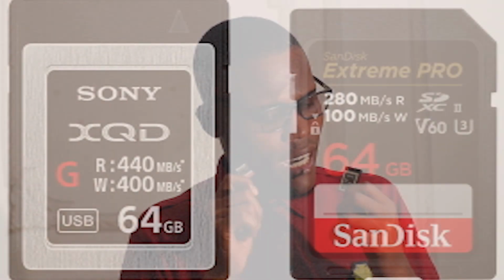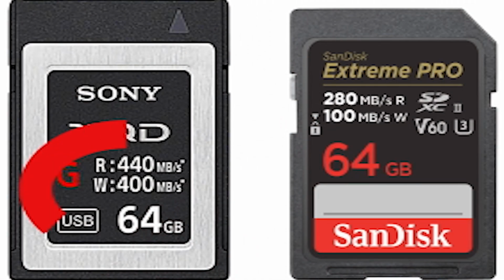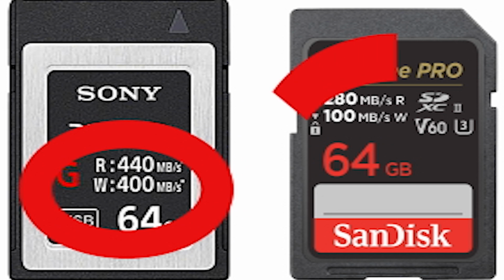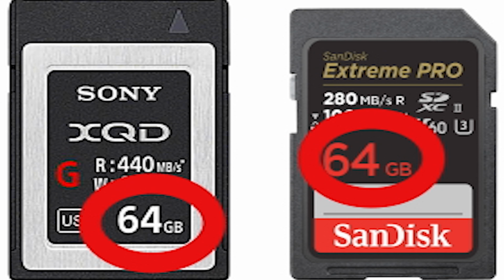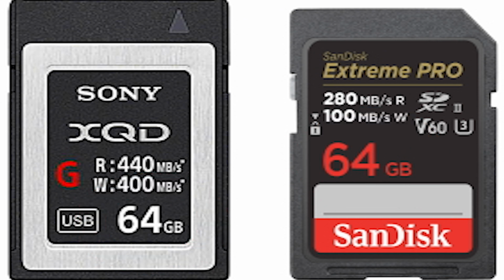Remember, one here has an R and a W speed, while the other does not have an R or a W speed. Despite them having the same capacity range of 64 gig, they will not definitely give you the same quality of output you will desire as a photographer or as a cinematographer.